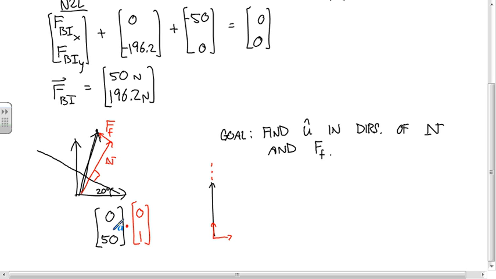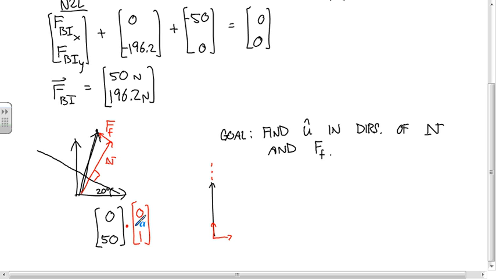In that case, because the 0 is a 0, the second one being 1 would give you 50 still. Yeah, that's true in this case. But in general, if you don't know that one of the components is going to be 0, what you want to dot something with to give you a projection is a unit vector.